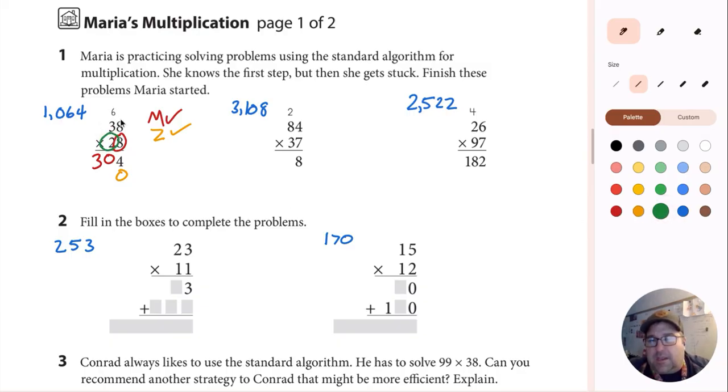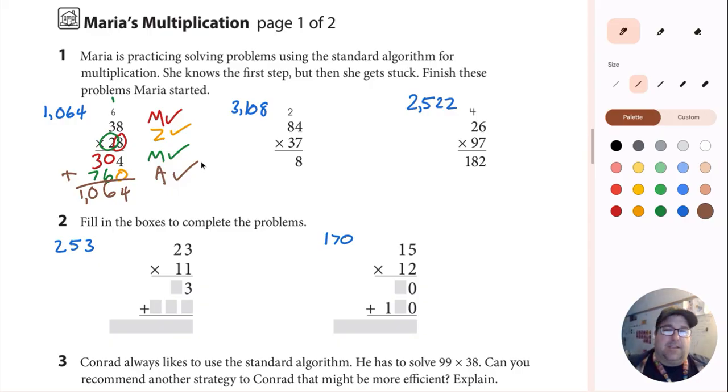So 2 times 8 is 16. 2 times 3 is 6, plus 1 is 7. So we're done with multiplication round 2. And then finally, just add these up. So we got a 4, 6, and a 10, 1,064. Okay, again, that's the idea there. Just multiply, place a 0, multiply, add, and you're good to go.